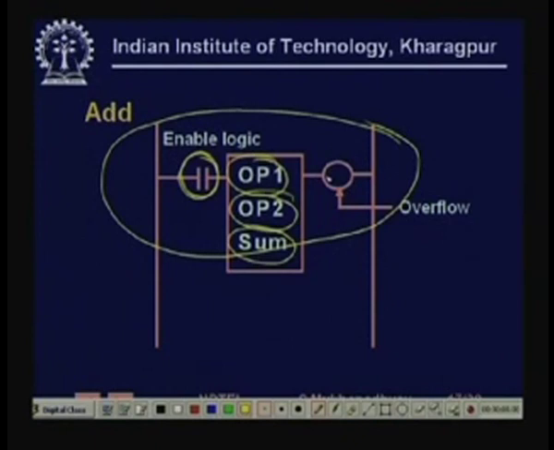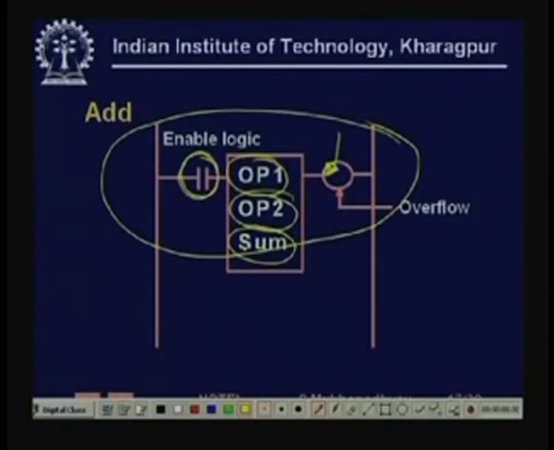And this output coil may be used for various purposes. One of them could be that if an overflow has occurred during the summation, then it could go to 1. So it can indicate an error condition and then be used in the further logic. So this is just an example of add. Similarly, you could have sub, you could have multiply, you could have various other things. This is just one example of an arithmetic instruction.